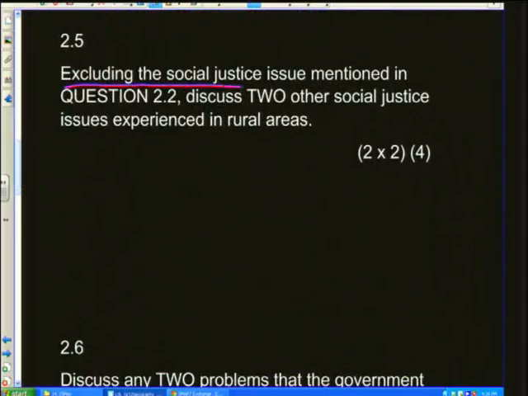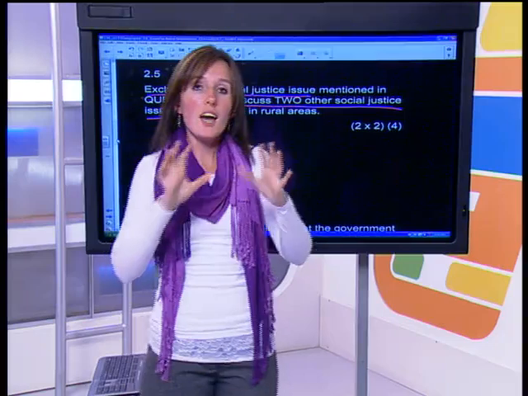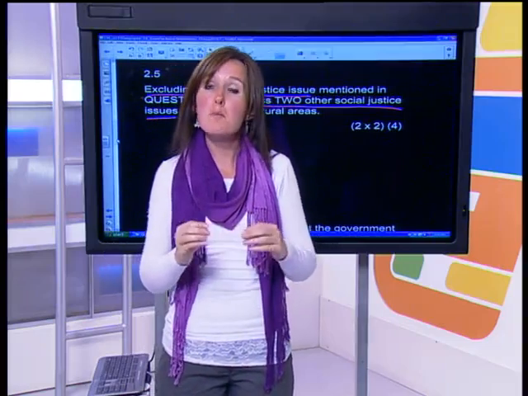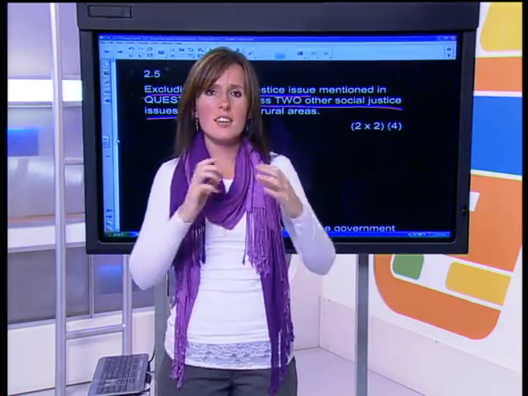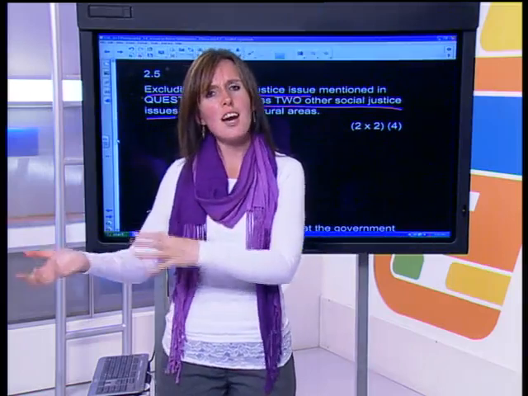Excluding the social justice issue, which we mentioned in question 2.2, you have to discuss 2 other social justice issues experienced in rural areas. So, in other words, what sort of problems are the people themselves in this article been facing, right? So they mentioned things like they didn't have access to decent water supplies. They had to collect firewood to do their daily cooking, for example.